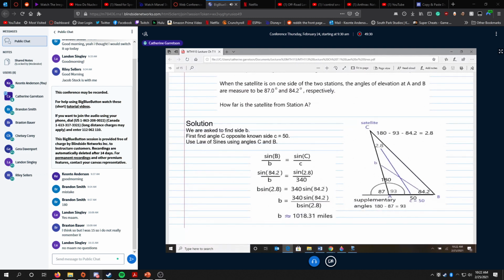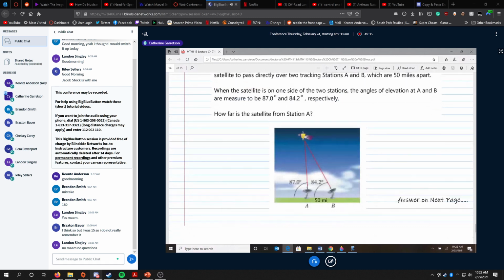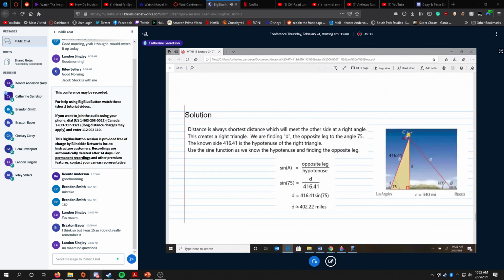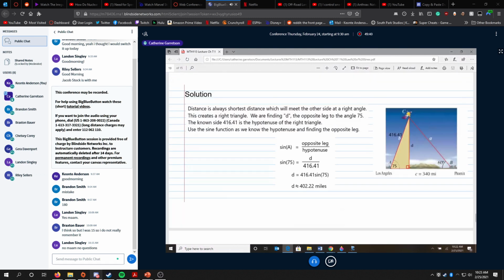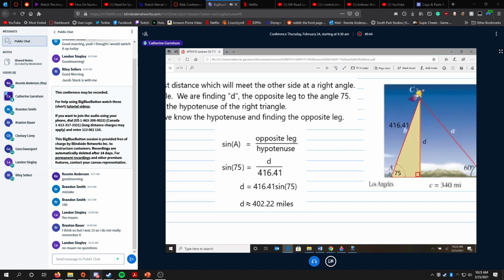Well, I want to go back to this problem here. I'm trying not to confuse you, but I wanted to show you how this person, the student, had learned to solve a right triangle using law of sines.